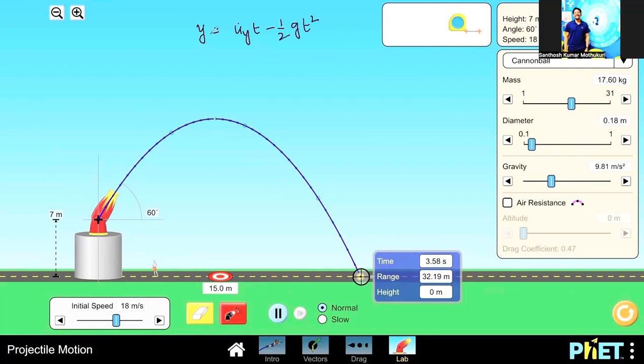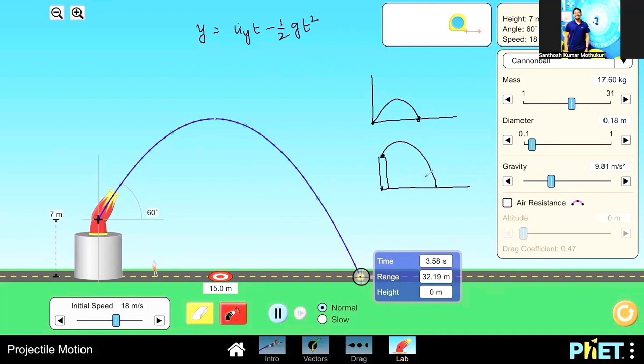Now vertical displacement is the change in the position. So in this particular scenario, the total displacement in the y direction is not 0. In the earlier case, from here to here, you can say the vertical displacement was 0. But now the object is projected from an elevation, so the vertical displacement is not 0, right?